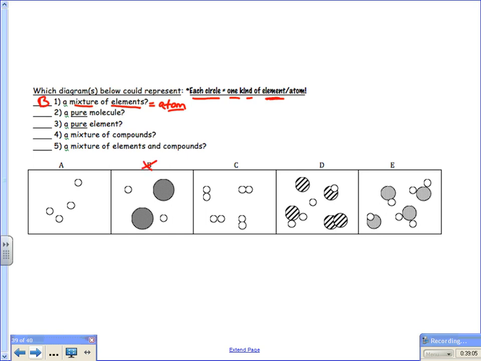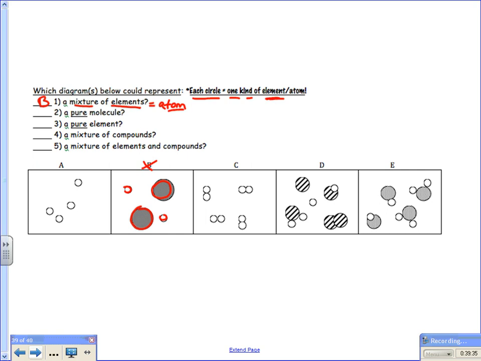Okay. So here we have one kind of atom, and here we have a different kind of atom. So you have more than one kind of atom put together in that space. That is a mixture of elements. Which box is containing or holding a pure molecule? Molecules are more than one element bonded together.